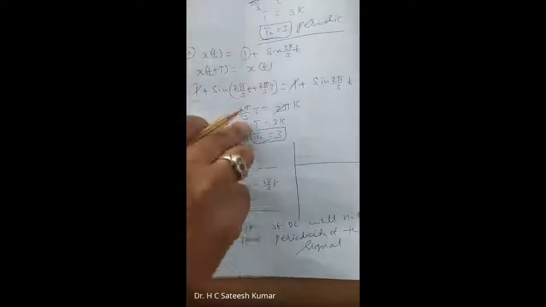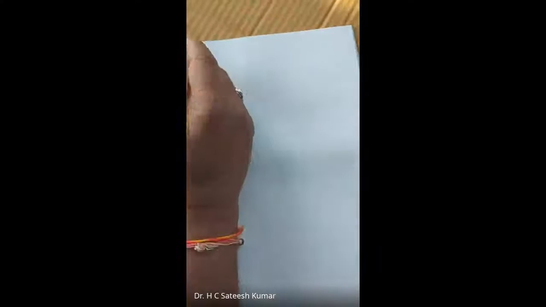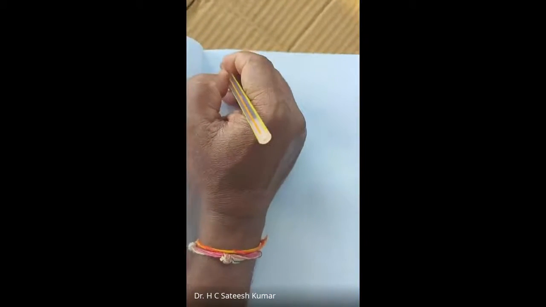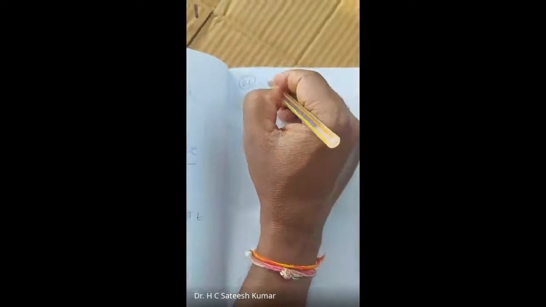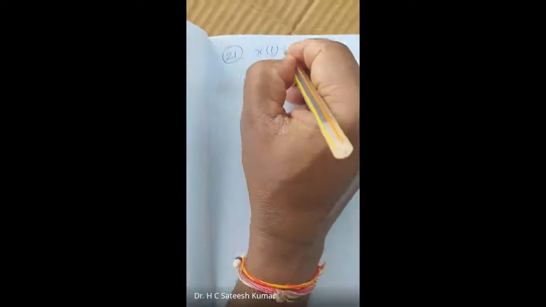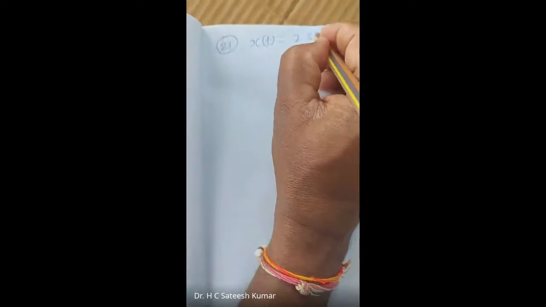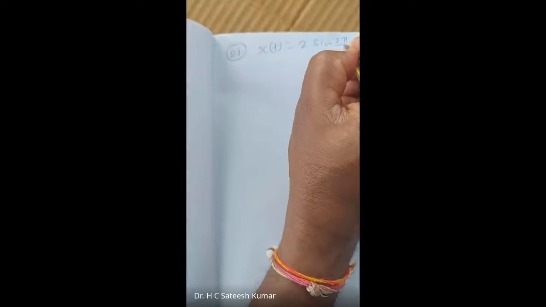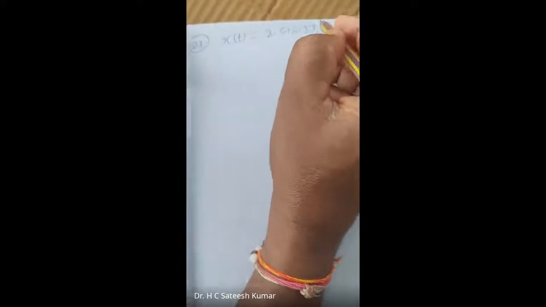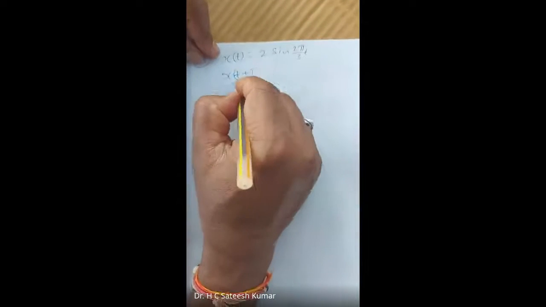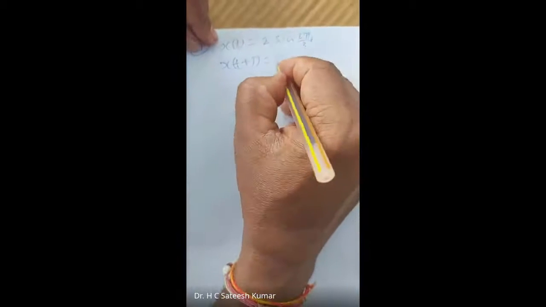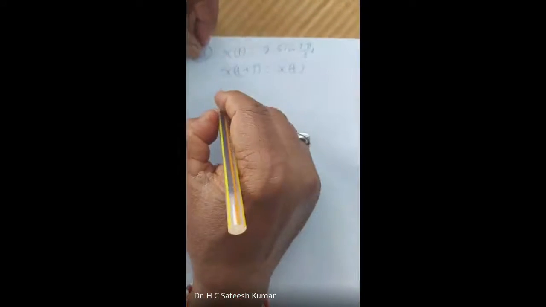Similarly, I'll go for one more problem. Let us say I have x of t is equal to 2 sine of 2 pi by 3 t. Once again, write the periodicity condition: x of t plus T is equal to x of t.